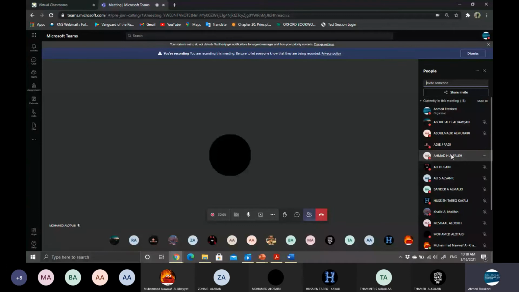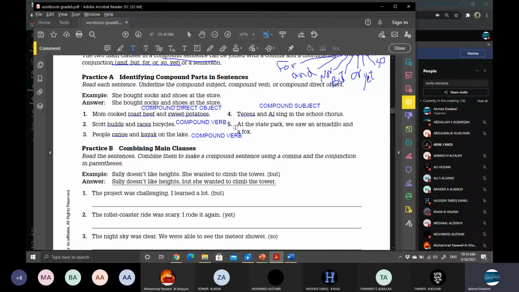Number 5. Identify the compound part. At the state park, we saw an armadillo and a fox. So which one is the compound part in the sentence? At the park is called the prepositional phrase because it starts with a preposition.